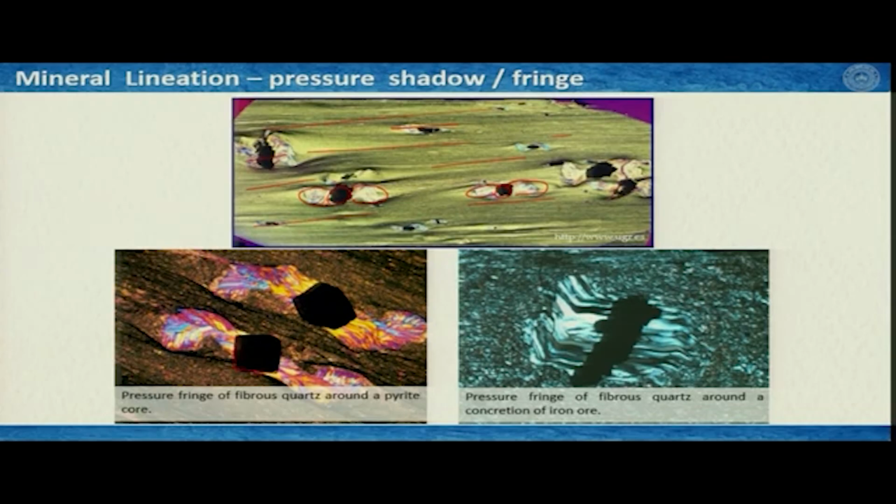Here as well you have some pyrites as the clast, as a rigid clast, and fine fringes are formed with quartz grains. Here as well we have an iron oxide as the core, and these fine quartz fibers are defining a kind of lineation in the area of observation.